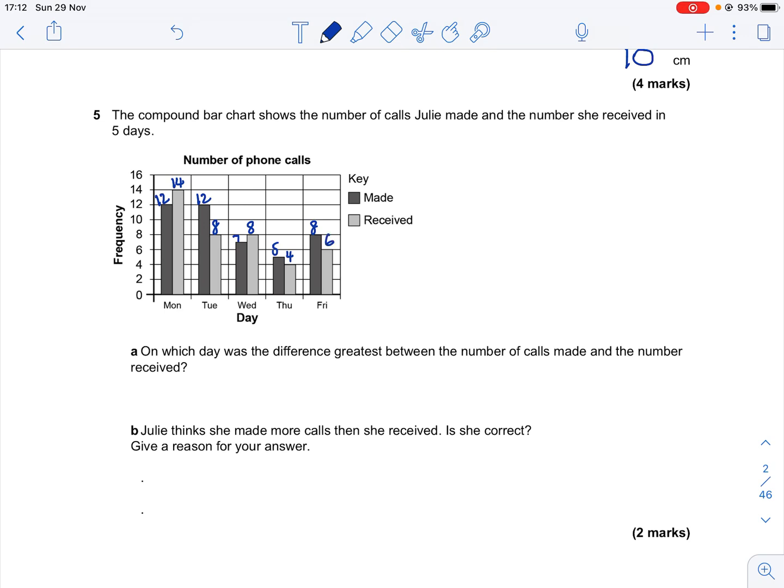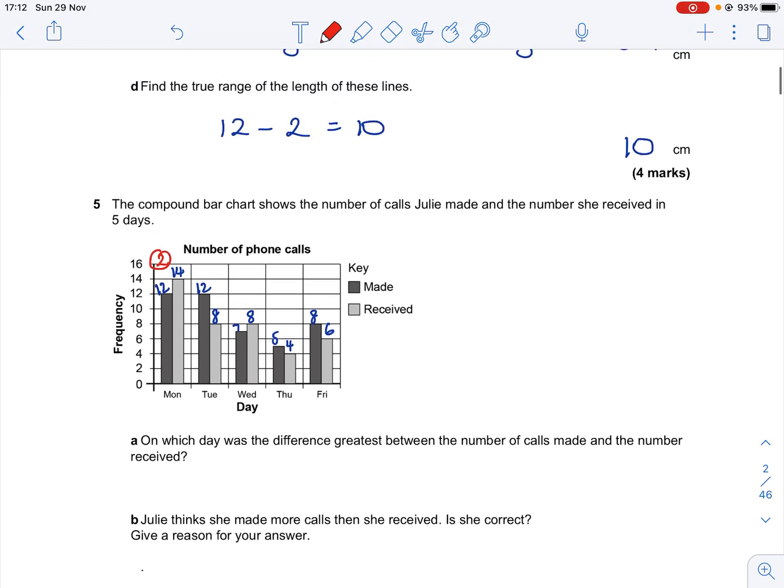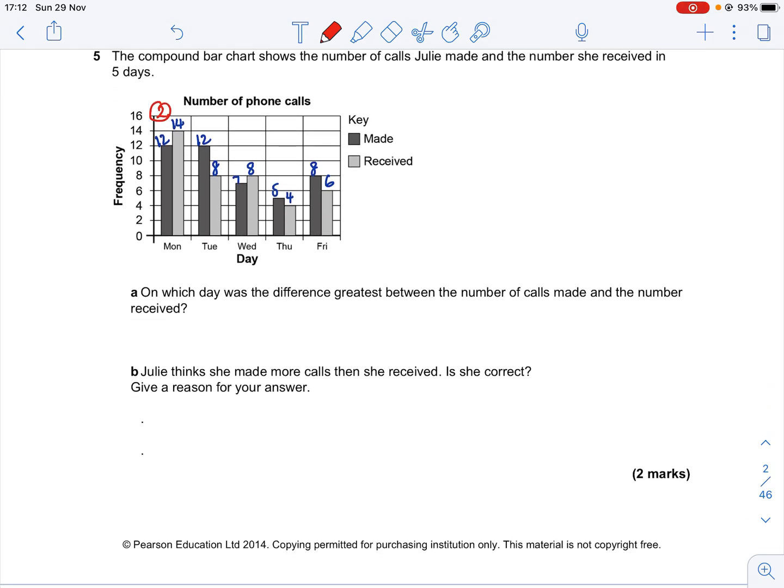Now we need to work out the difference. On Monday, the difference is 2, because 14 take away 12. On Tuesday, it's 12 take away 8, which is 4. So the difference is 4. On Wednesday, 8 take away 7, so the difference is 1.